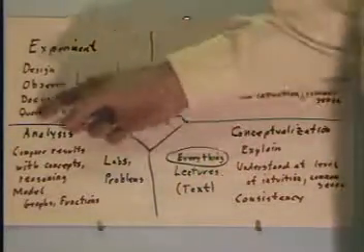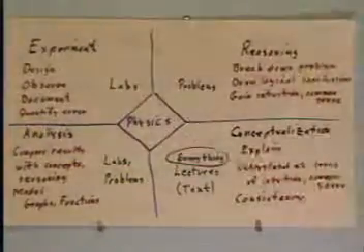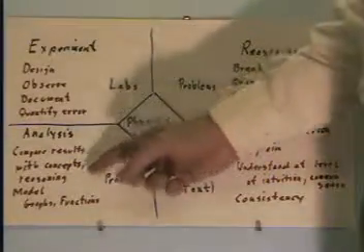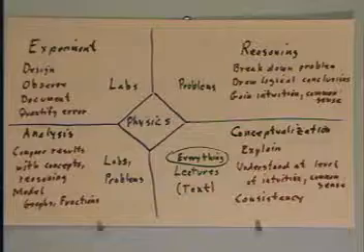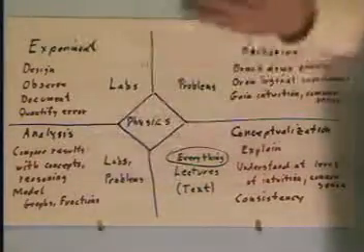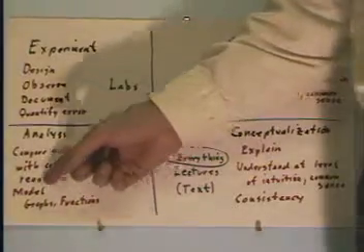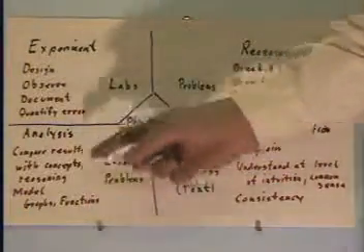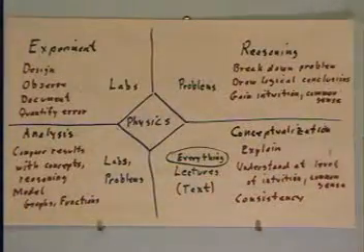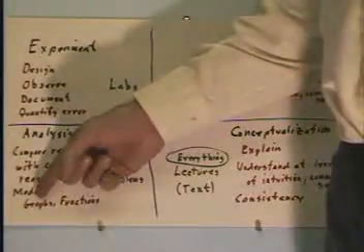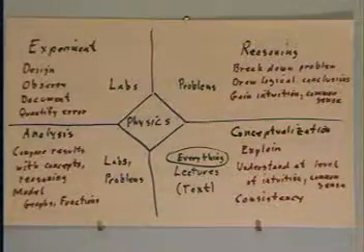Okay, then we proceed to analysis of our experiments, where we compare our results with our concepts and our reasoning, or compare them with our concepts through our reasoning, and we make models. The models that we use to enhance our conceptualization, our understanding, are often in the form of graphs and functions.